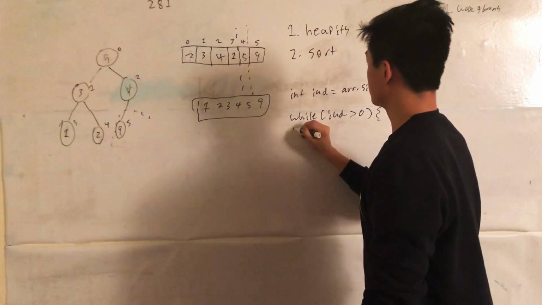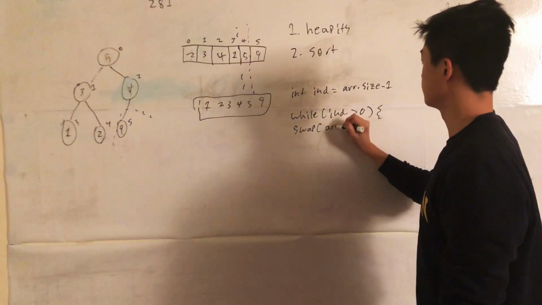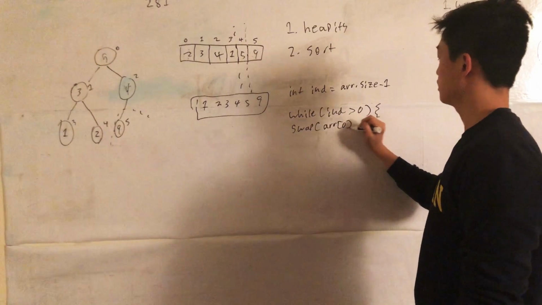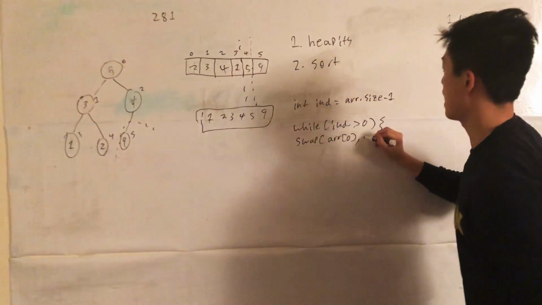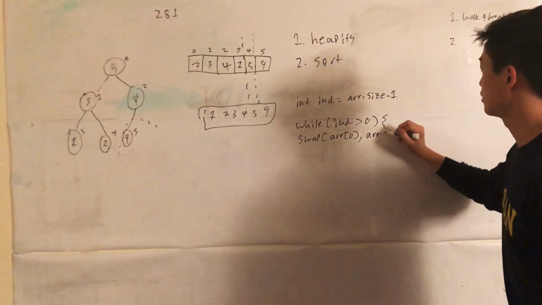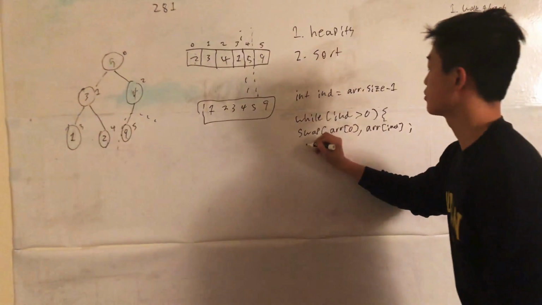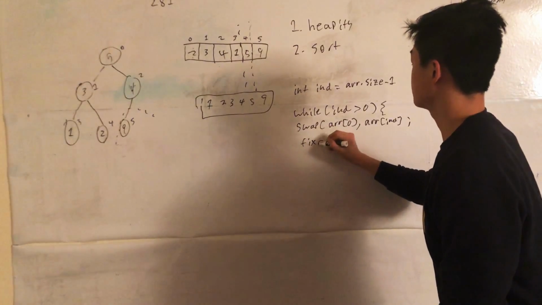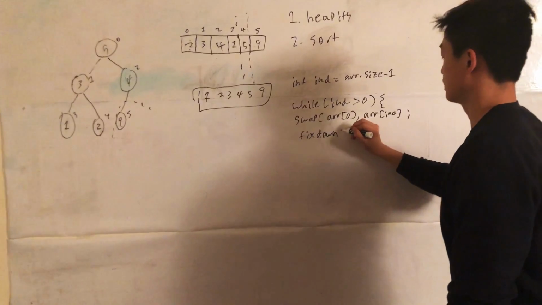what we would do is we would perform a swap on the root of the array with the smallest element, so with the element at the very back. So that would be array sub ind at the moment. And then we would perform a fix down on the root, which now contains the last element.